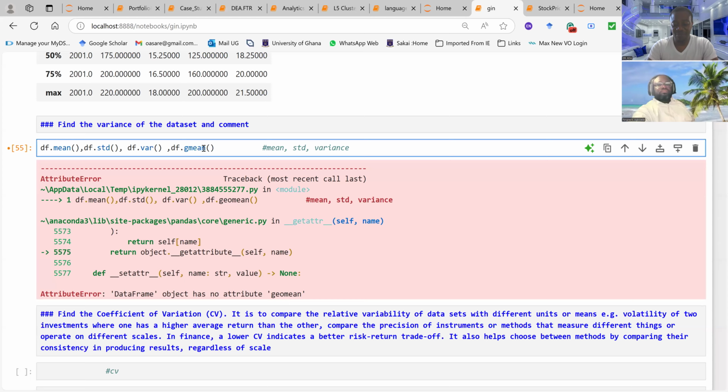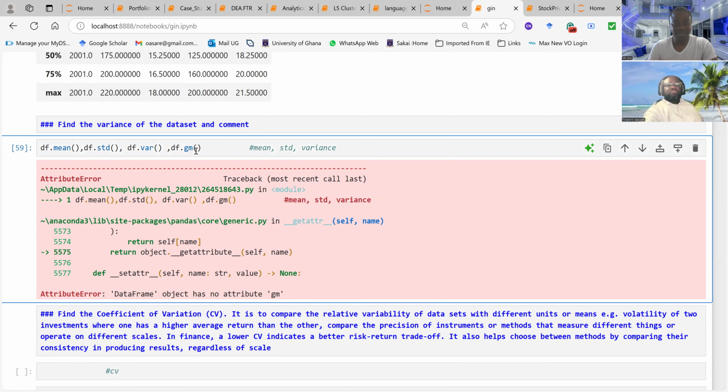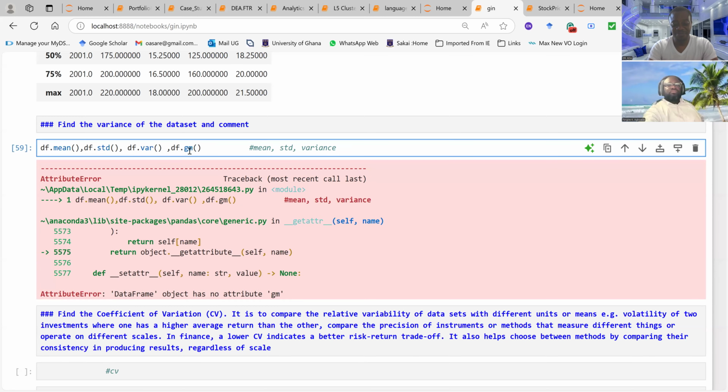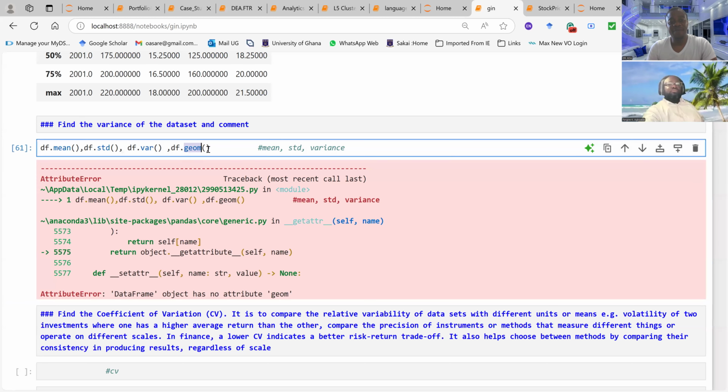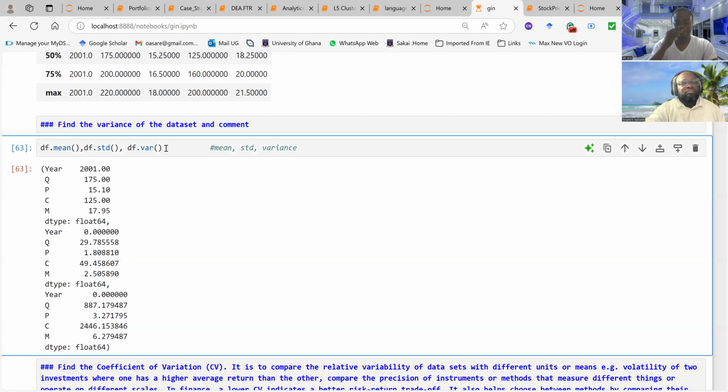Maybe it's gem, or maybe it's geom. I've forgotten the name. So whatever name you have for it, you can use that to get it.